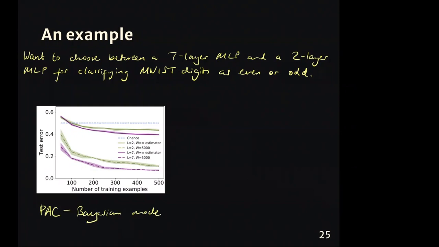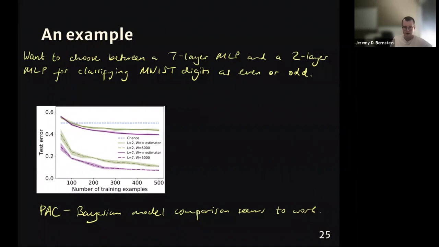But here, the PAC-Bayes bound, that's for randomly sampling weight vectors, right? Yeah. So how does that relate to training? Yeah, that's a great point. This is a bound on the average generalization error of a random solution.